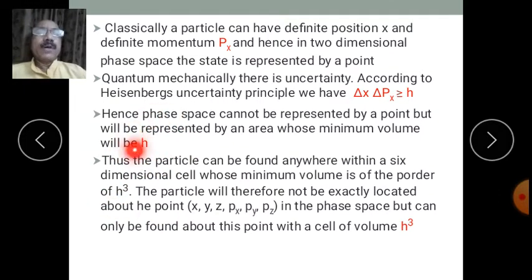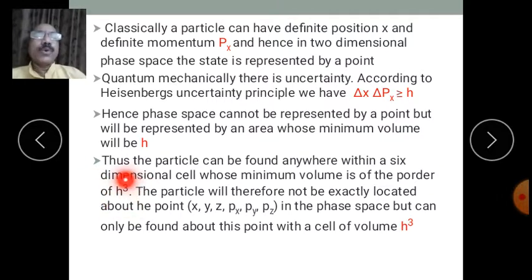By mistake here I have written h. Thus, a particle can be found anywhere within a six-dimensional cell whose minimum volume is of the order of h cube. So the minimum volume of the phase cell is h cube, isn't it?